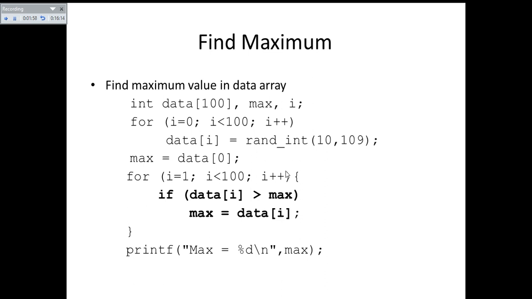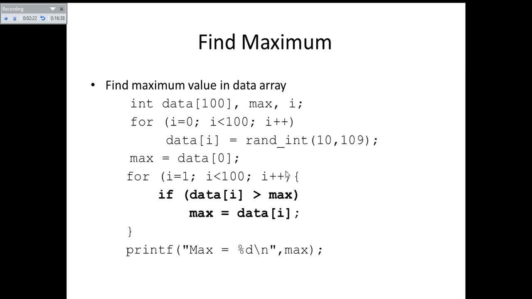The very first time it will be data of 0, but later on it will be modified. If your data of i is greater than your max, then you assign your max with data of i. That means you compare data of i and max, and whichever is the bigger number, you change your max to data of i.